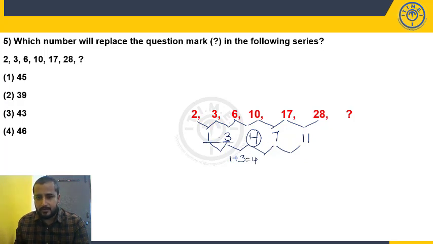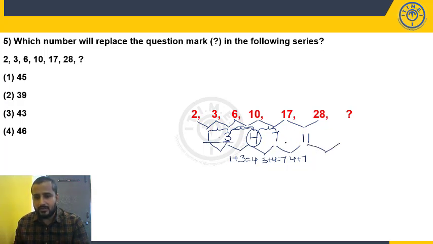And the next number is obtained by doing the sum of these two. Earlier it is the sum of 1 and 3, now it is the sum of 3 and 4. So 3 plus 4 is equal to 7. Next is 4 plus 7, which is equal to 11. Fibonacci series.